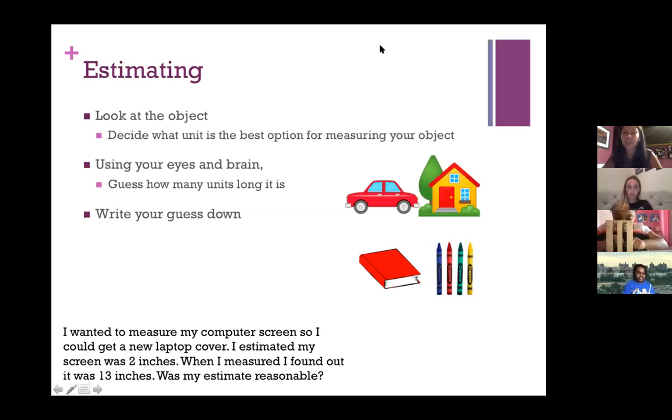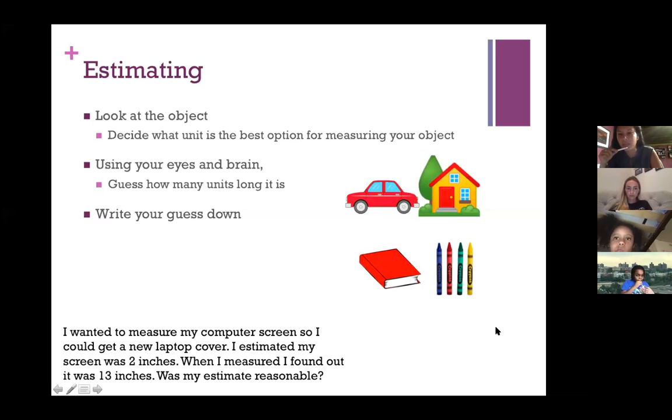So estimating is, what is estimating, Amy? Estimating means to... am I taking my ruler and am I measuring? Is that what I do? Estimating means to guess.